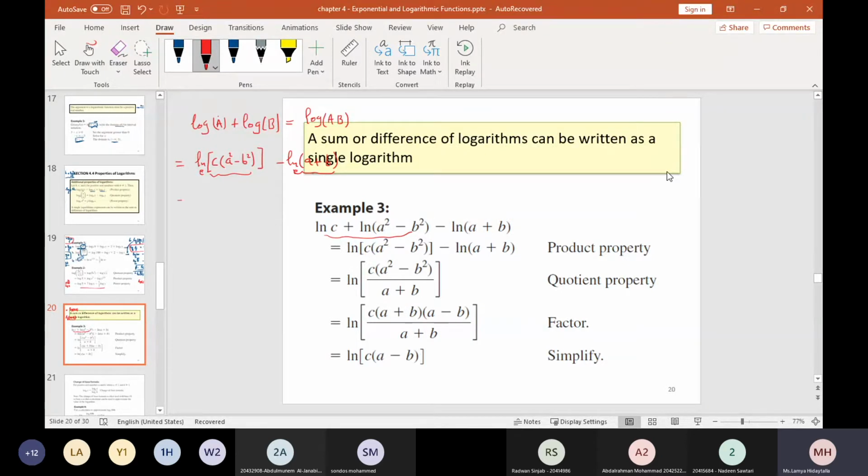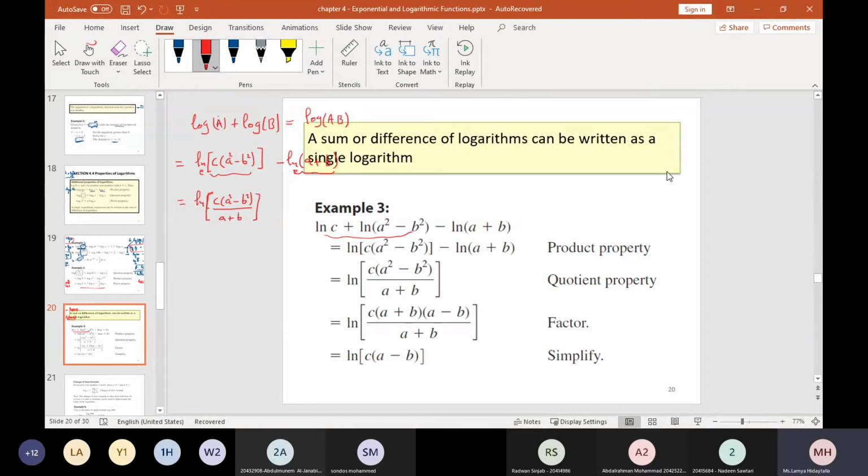So this is equal to ln of the first one, which was C times A square minus B square, over A plus B. So this is the argument.